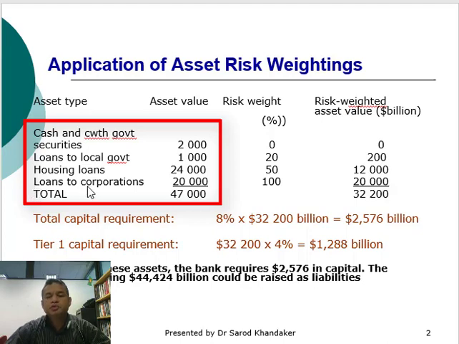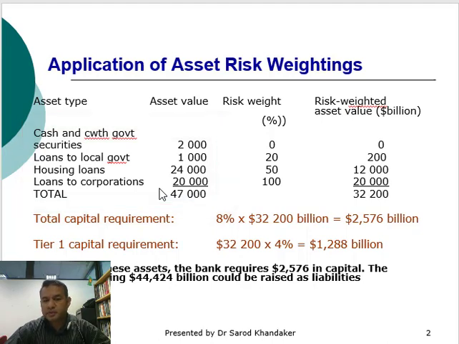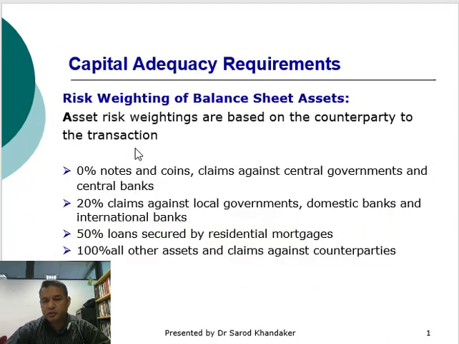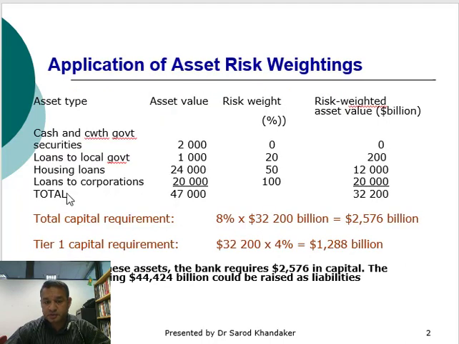Loan to corporations. Any loans to corporations are 100% risky, and as per the capital adequacy requirement on the previous slide, 100% applies to all other assets and claims against counterparties. So loans to corporations come under the 100%, which is $20,000.